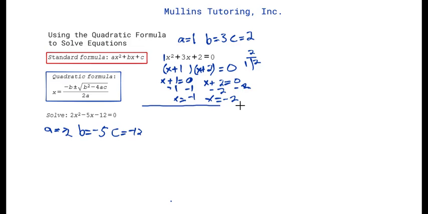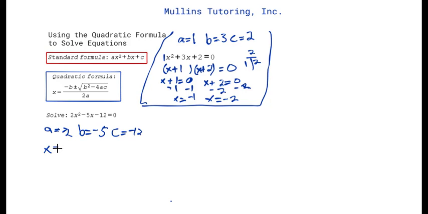So now what I'm going to do is, I'm just going to put that one bit to the side so that when we're working this problem, we don't get them confused. We're going to plug our numbers into the formula.